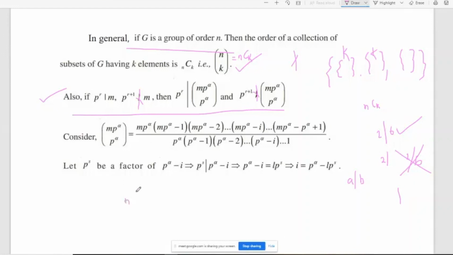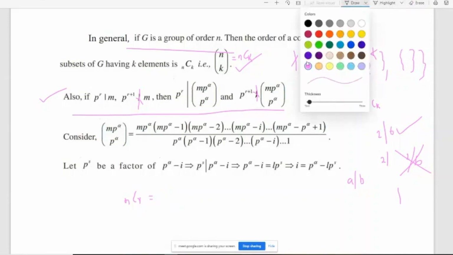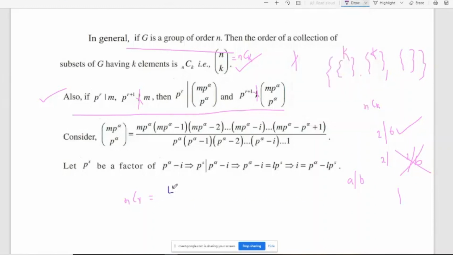So we know that nCr is given by n factorial divided by r factorial times (n minus r) factorial. That is what we can use, and either one we can further simplify.